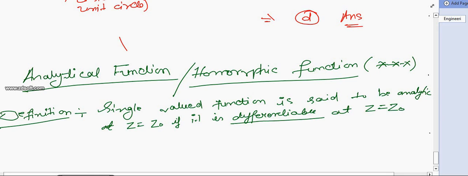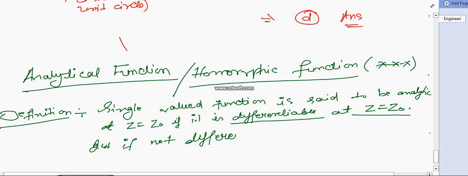So if it is differentiable at z0, then it is called an analytic function. But if not differentiable, then it is called a singular point.